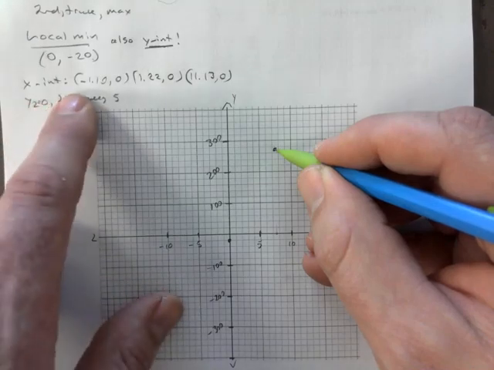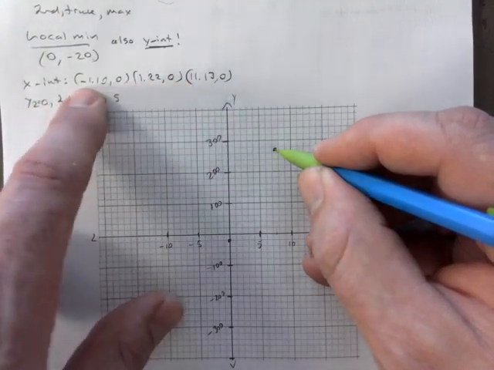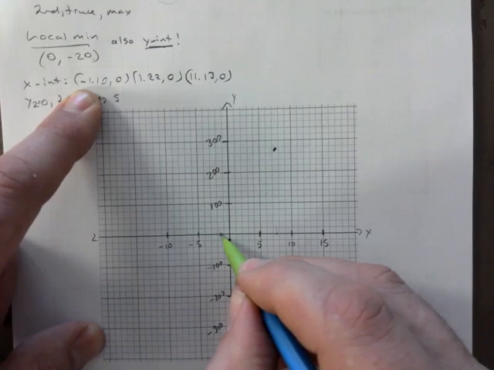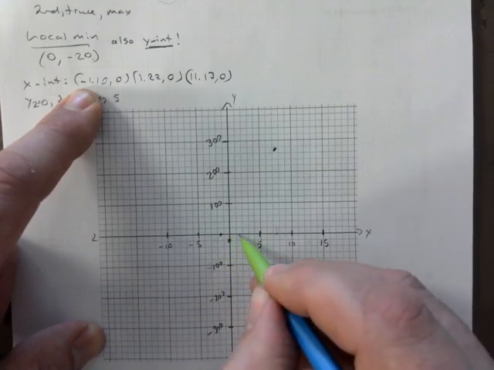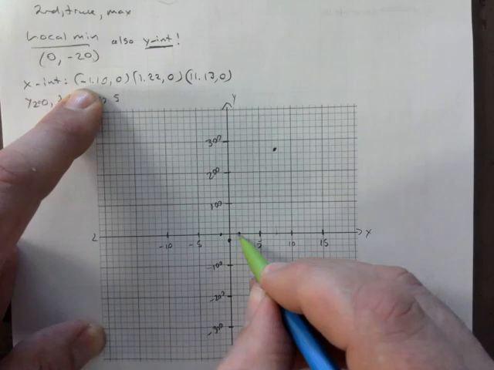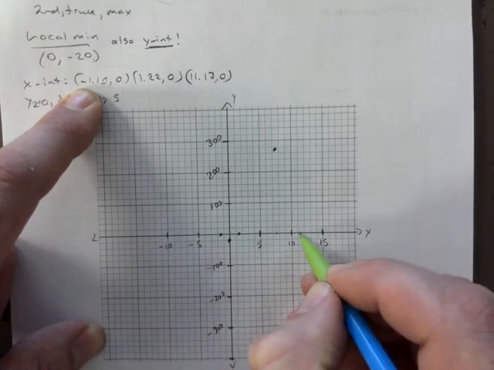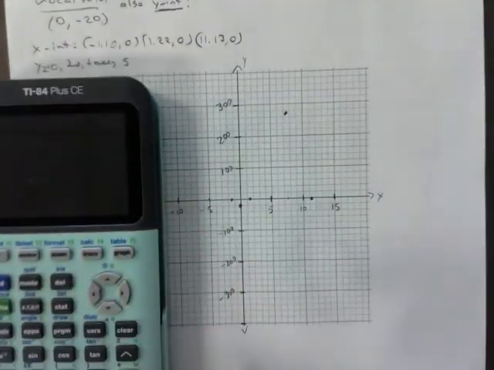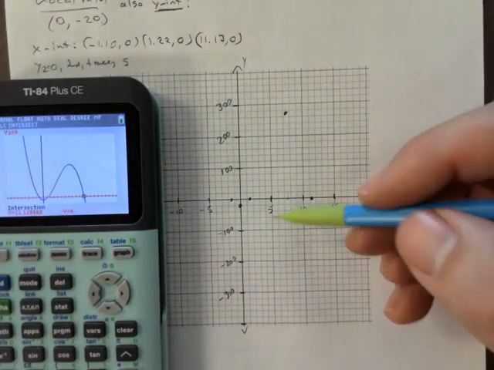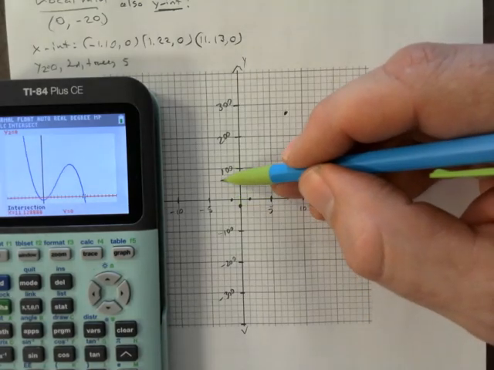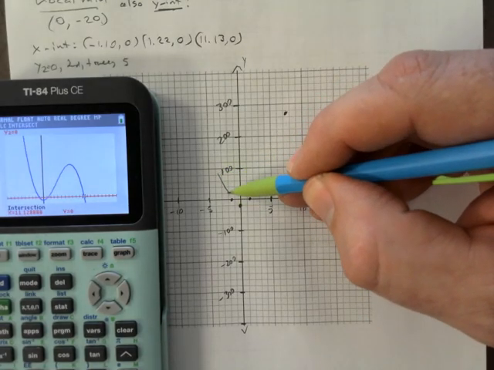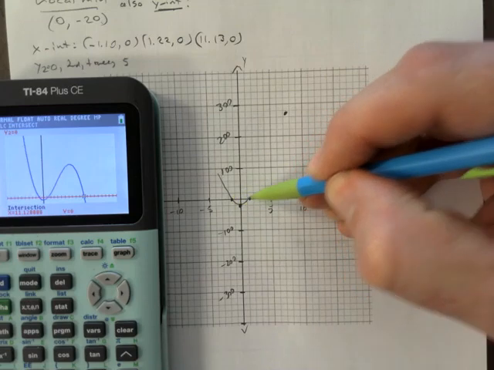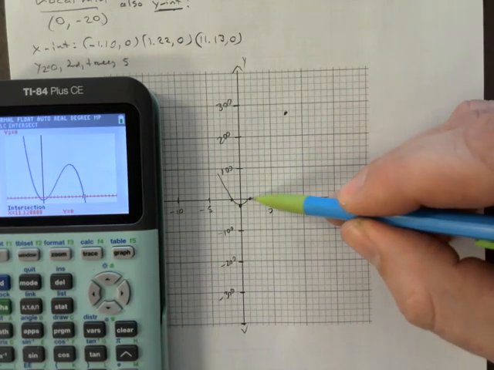And now I'm going to plot all of my intercepts. So this is negative 1.1. This is 1.22. And then I've got 11.13 right there. And have this as your model, right? You have that to help you out. So you're going to come down here through the local min, through your x-intercepts.